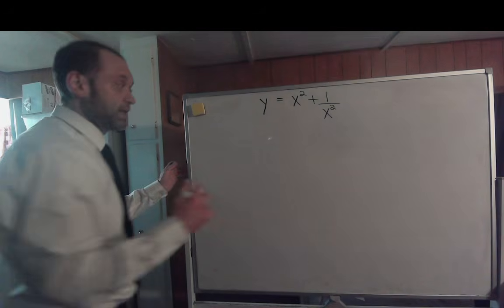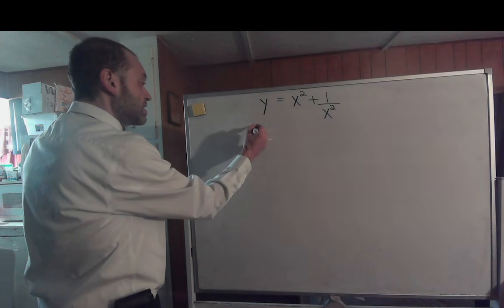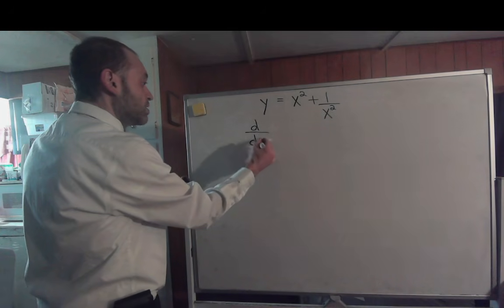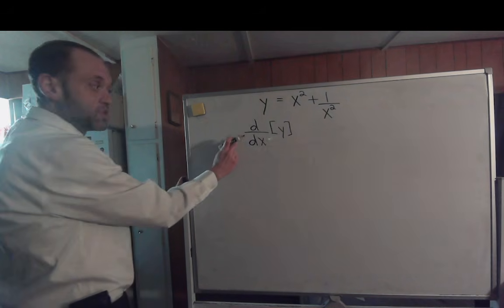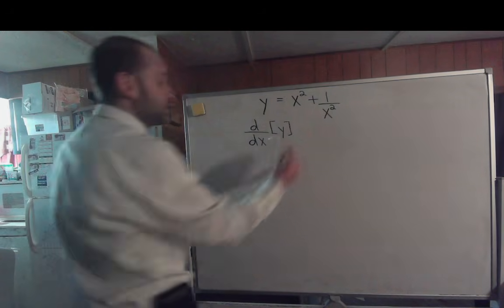What does that mean? If I take the derivative of that y with respect to x, so I'm taking the derivative with respect to x, that's what that d over dx means.